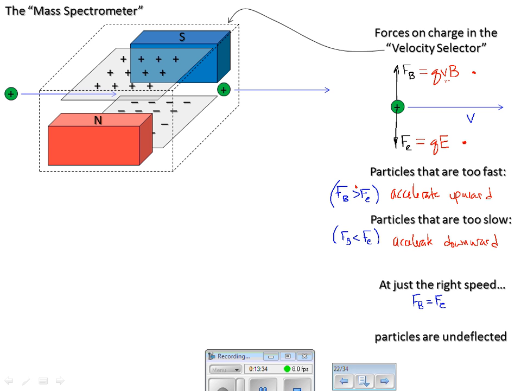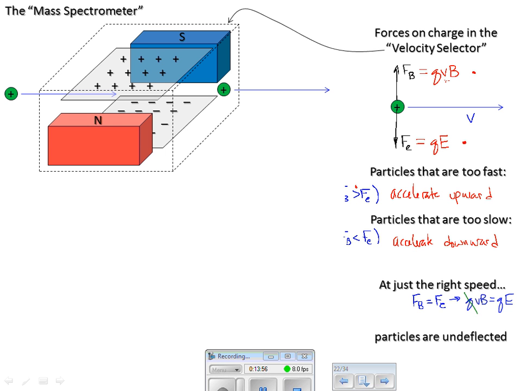And the speed is going to be, well, sorry, not like it was before, but does that happen over here? Sorry, just give me a second. Nope. So what happens is this means that QVB equals QE.